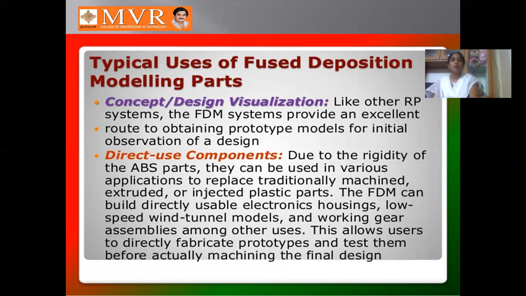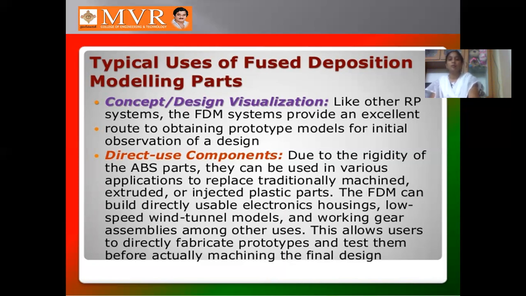Direct use components means that if we are using the ABS part, the material should have an equivalent product. Like that we can replace the extruded or injected plastic parts using the FDM process.